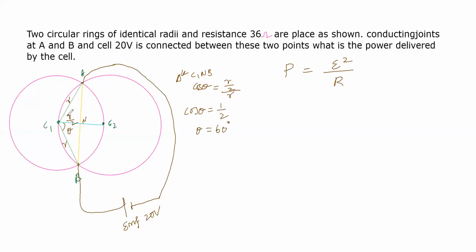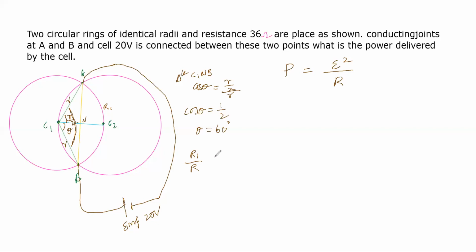This 60 degree means this one is also 60 degree, so altogether this angle is 120 degree. That means the arc from A to B subtends an angle of 120 degree. Assume the resistance of the part from A to B as R1, and the total resistance is R. Then R1 by R is directly proportional to the angle subtended by this arc length.